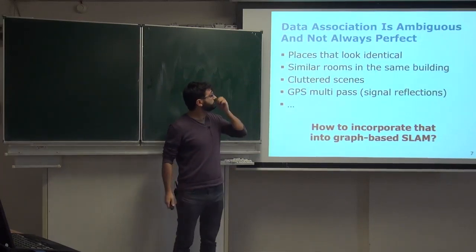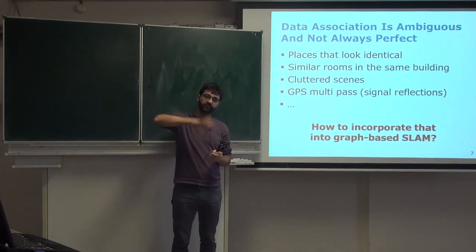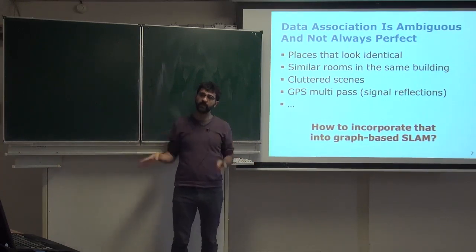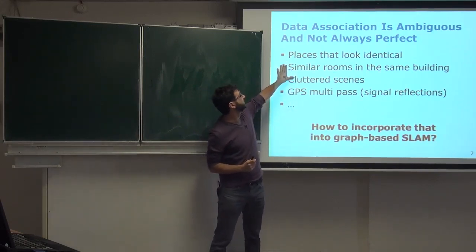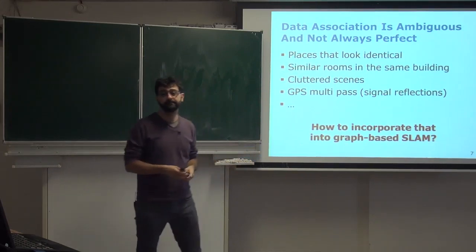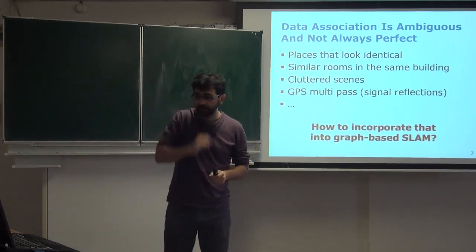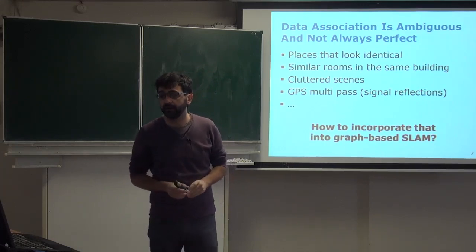So we're going to go through two different steps, which are different approaches in the literature, and then at the end, trying to put all of them under one umbrella. And let's now try to look at different cases that we have seen there can be ambiguity. So how can we incorporate all of them into SLAM?